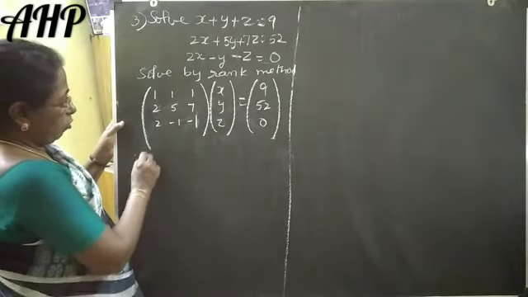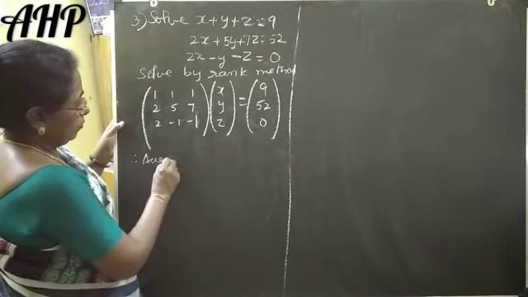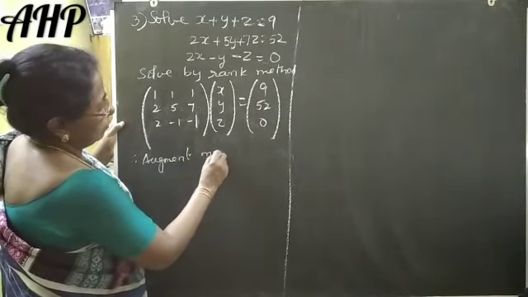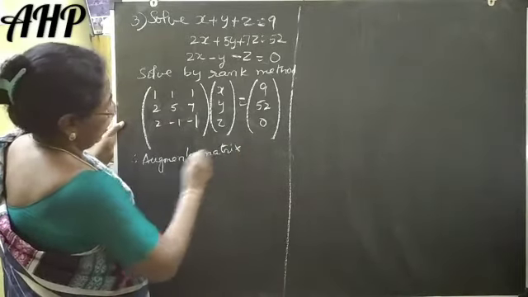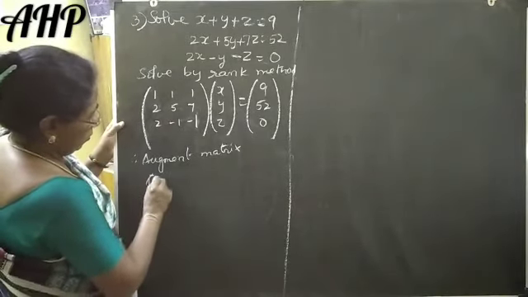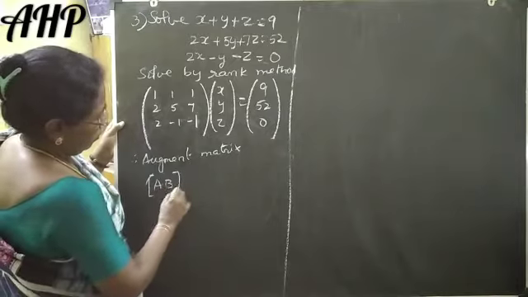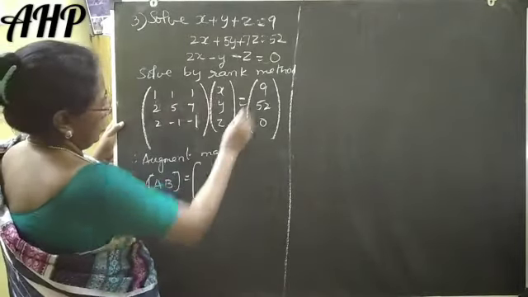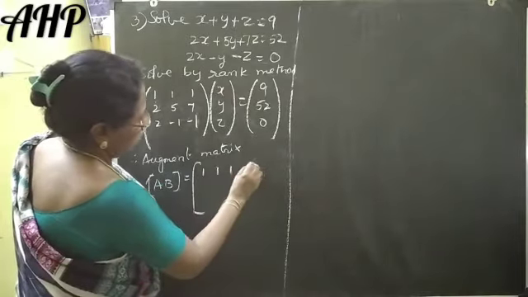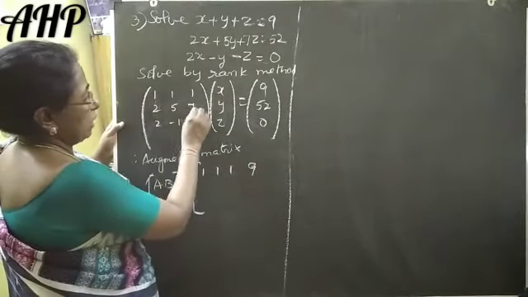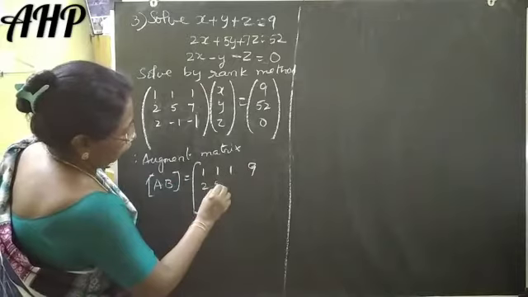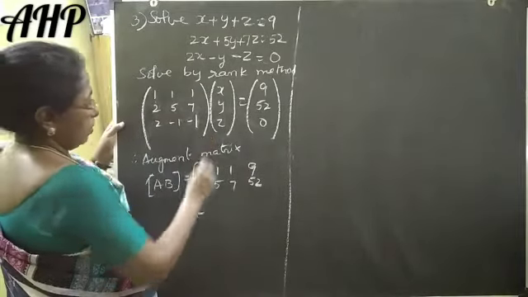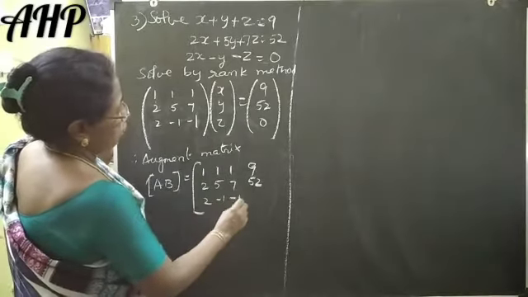Therefore, augmented matrix AB is equal to 1, 1, 1, 9, 2, 5, 7, 52, 2, minus 1, minus 1, 0.